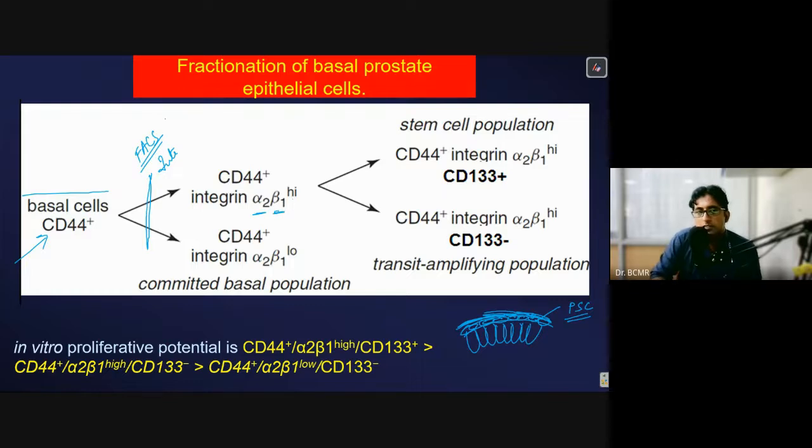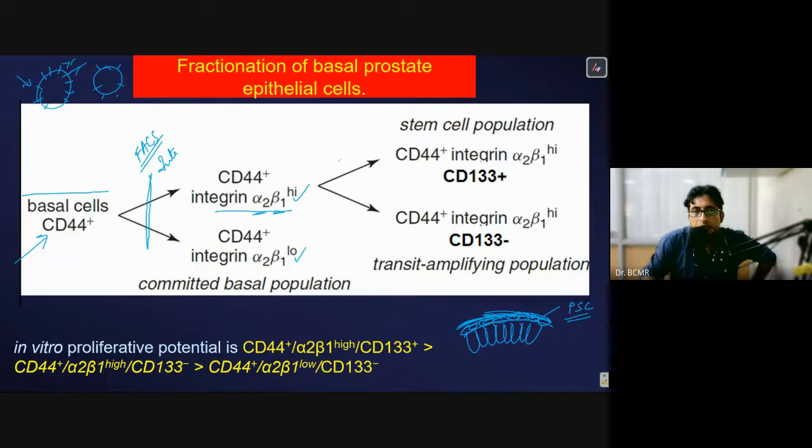Some cells within the basal cells have integrins in high numbers on the cell surface, and some cells have very few. So using antibodies against the integrins, they can still separate them. Some of the cells will give a very intense color or fluorescence signal, and the other cells will give less. So they separated them based on whether the integrin is high or low.